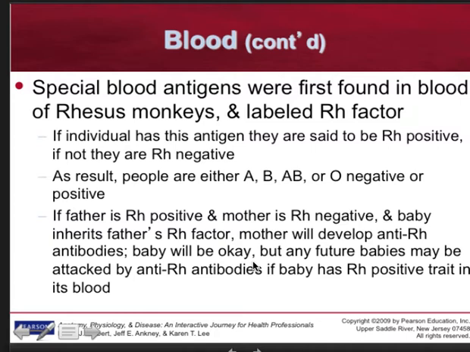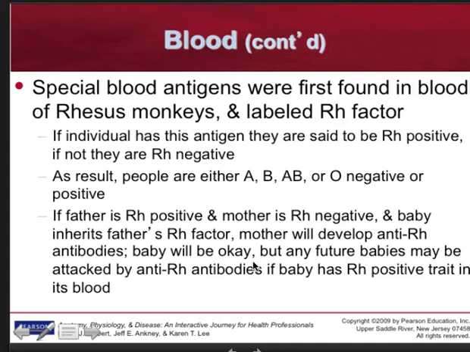Now, this isn't a problem during the first pregnancy, because at childbirth the mother will be exposed to the baby's blood as a result of the rupture of the placenta and the umbilical cord. But it's the second pregnancy, which will happen after a period of time during which the mother can generate antibodies against the Rh antigen, that can present a significant problem for the second Rh positive baby, because it so happens that the antibody produced against the Rh antigen is small enough to cross the placenta and enter the developing baby's bloodstream.